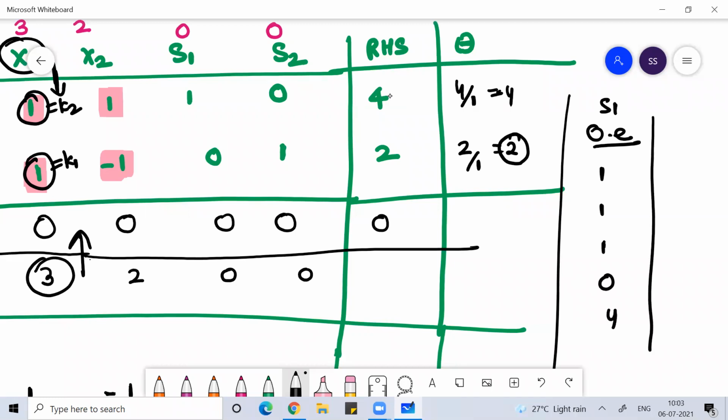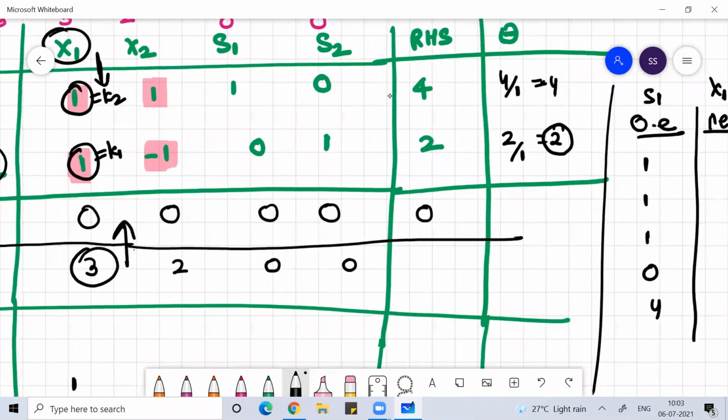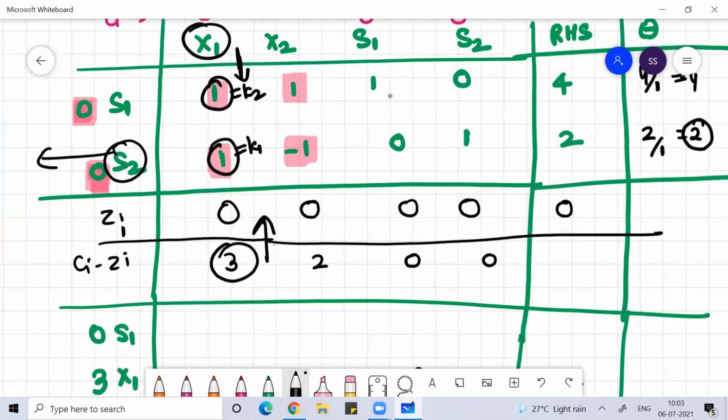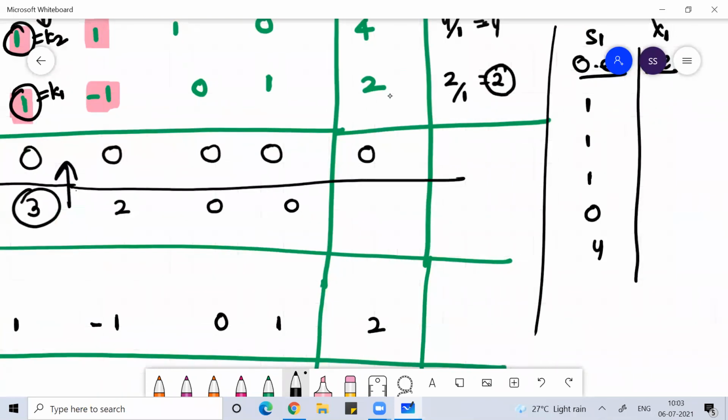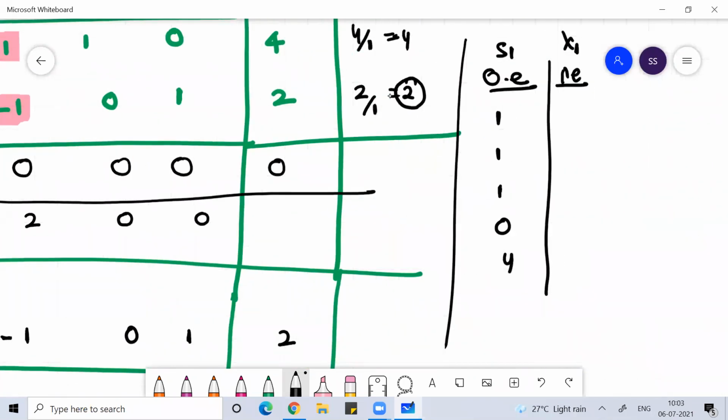Now the new element means the x1 row that you got: 1, minus 1, 0, 1, 2.